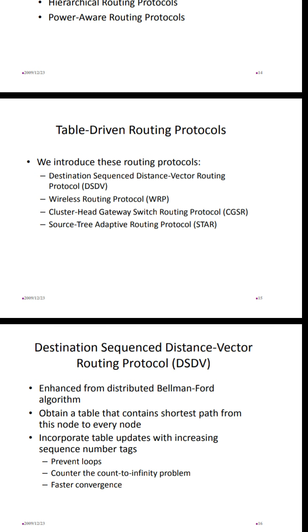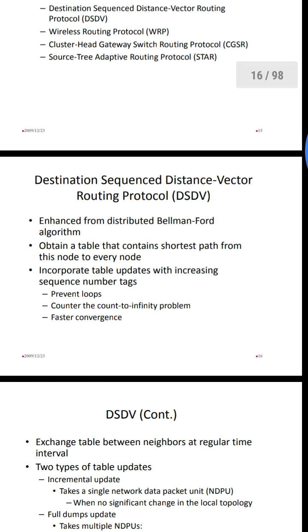So first one, DSDV, that is the destination sequenced distance vector routing protocol we are discussing. DSDV is one of the first protocols proposed for routing in ad hoc wireless networks. This is the enhanced version of the distributed Bellman-Ford algorithm.